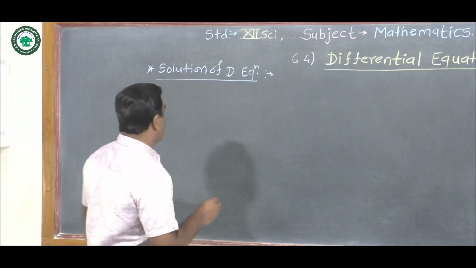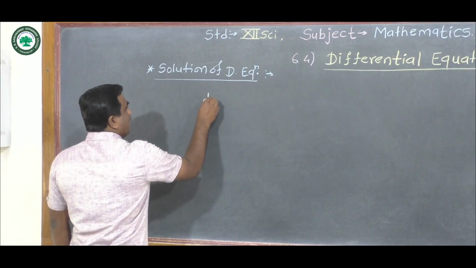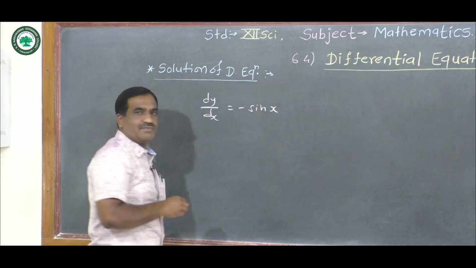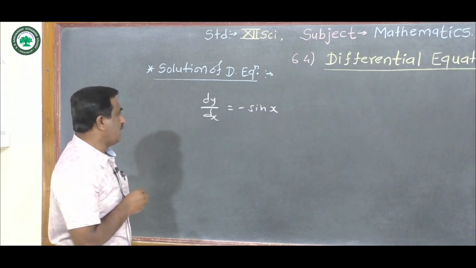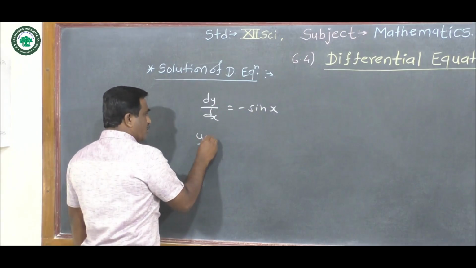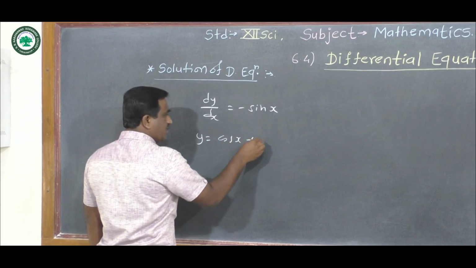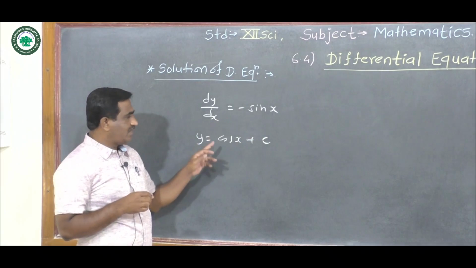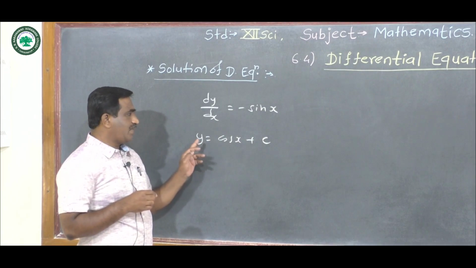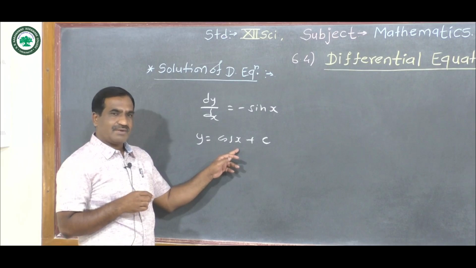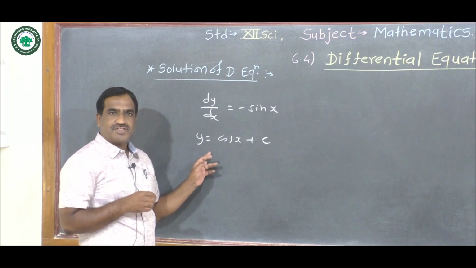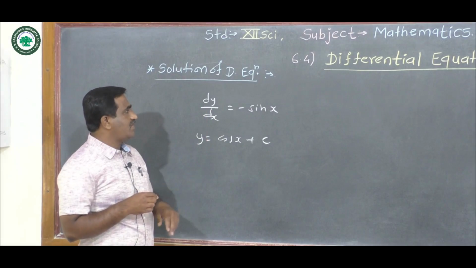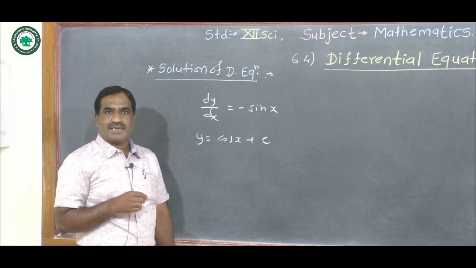For example, suppose dy by dx is equal to minus sin x is a differential equation and y is equal to cos x plus c. This is the solution of this differential equation. In this equation, y is the dependent variable, x is the independent variable, and there is no term of differential. Therefore, this is the solution of this differential equation dy by dx is equal to minus sin x.